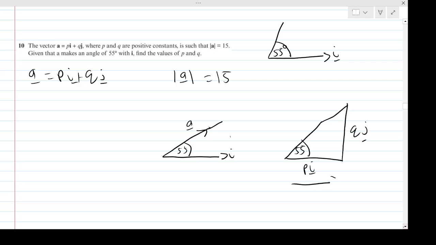So the I part, the P, represents the X part, and the Q is the J part, so it represents the Y. So we get this triangle here. If we draw it a bit neater, there we are. We've got this triangle of 55 degrees, and the magnitude is 15, so the length of the vector, or the hypotenuse, is 15 here. So effectively we can find P and Q.